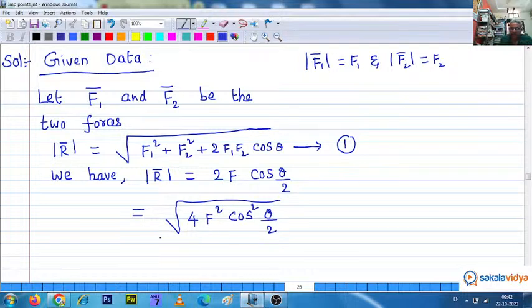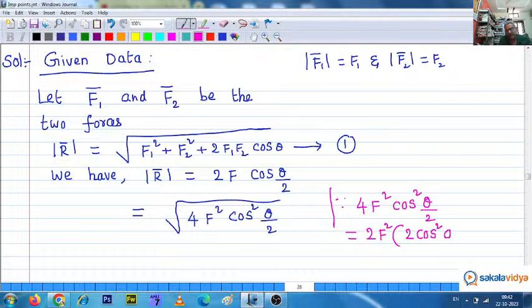Yes. And also for our convenience, the 4f square cos square theta by 2 can be written as 2f square times 2 cos square theta by 2. Clear? Yes, we can write it. But from trigonometry, we have one beautiful formula: 2 cos square theta by 2 is nothing but 1 plus cos theta.